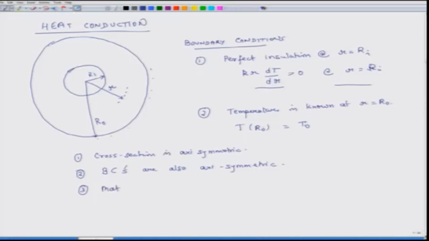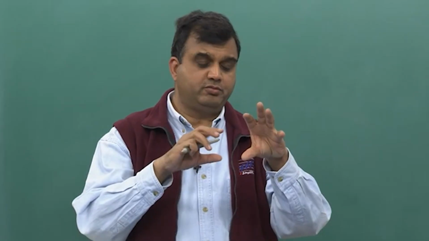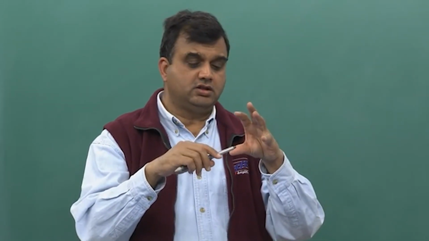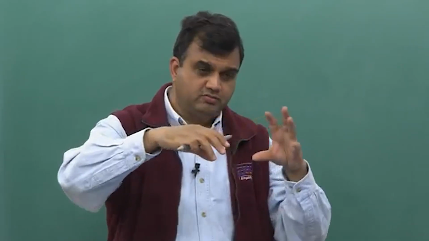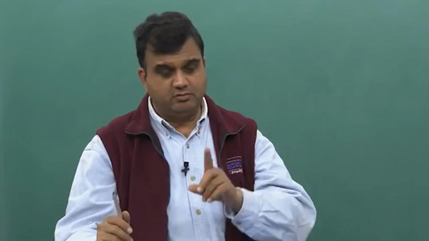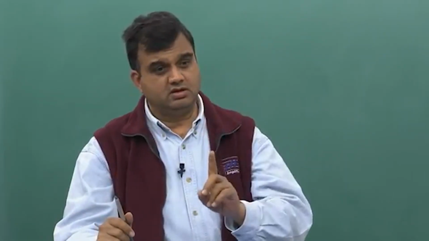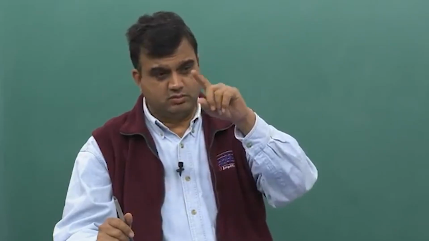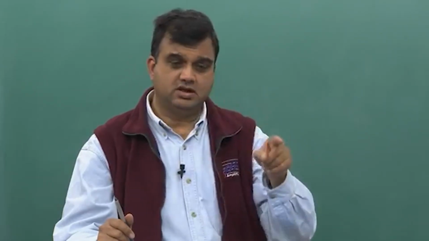So cross section is axisymmetric, boundary conditions are axisymmetric, and then I am telling you, because we know this, that material properties are axisymmetric. An example of this would be, suppose you have a pipe, and on that pipe I have put another pipe. Material properties are varying in the radial direction, but in the theta direction they are not varying.